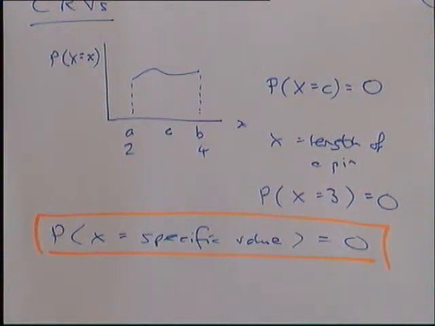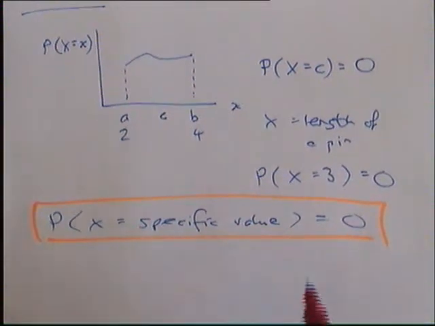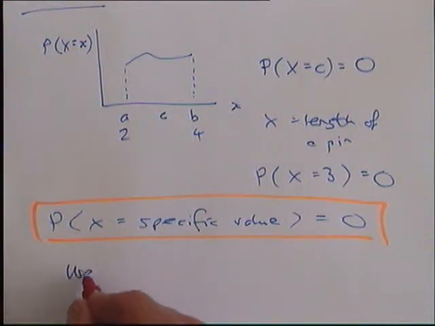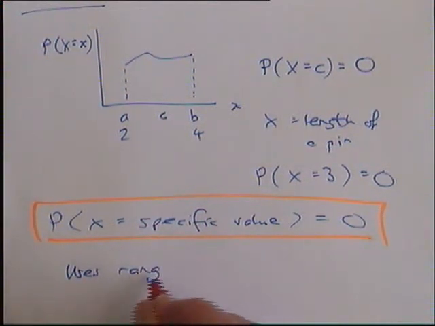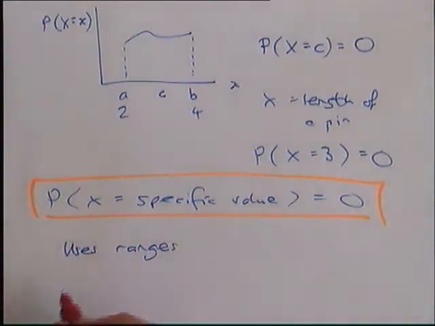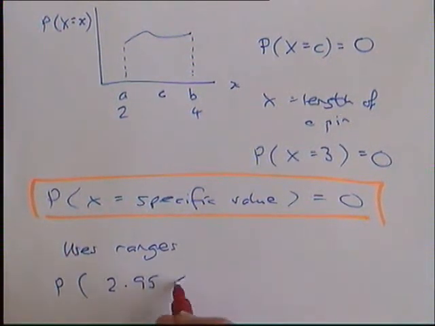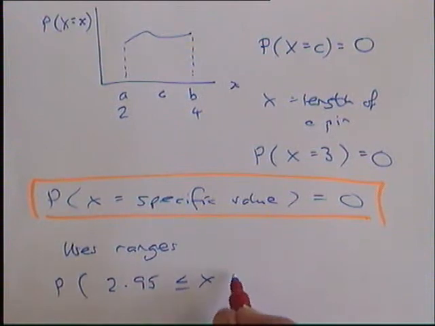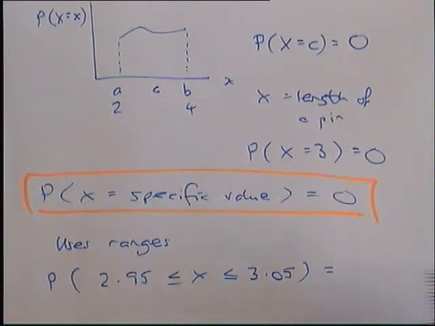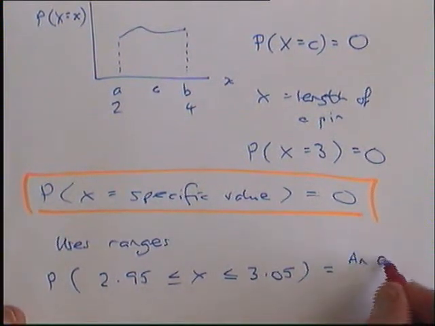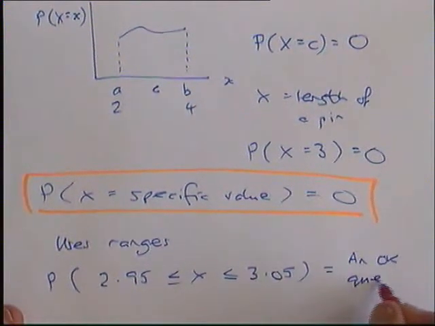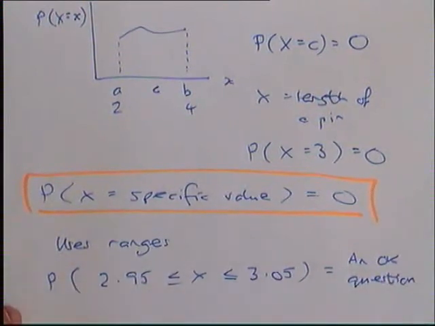Range of values, yeah. So what we do instead is we use ranges. So if we had said what's the probability that the length of the pin was between 2.95 and 3.05, that would have been a perfectly acceptable question to ask, okay? That's an okay question to ask within a range.